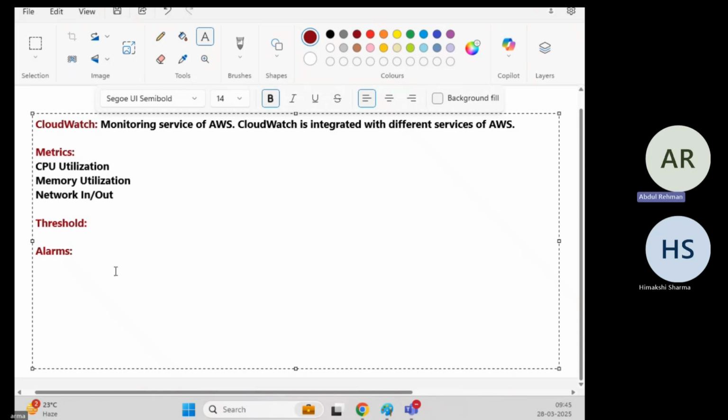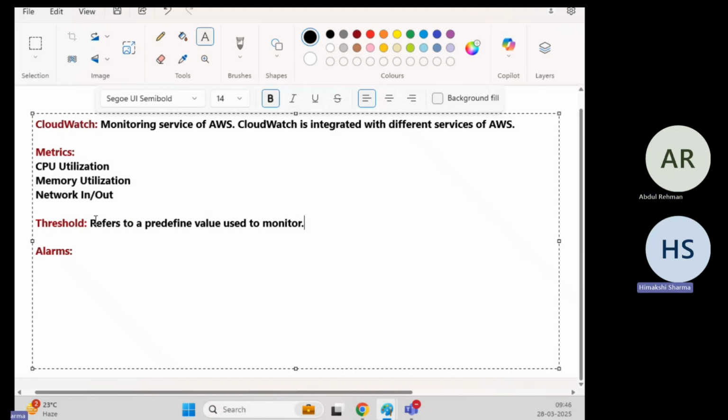In English terms, it's a sort of value. When something reaches that value, then it triggers something. You're right, almost right. Threshold refers to a predefined value used to monitor.